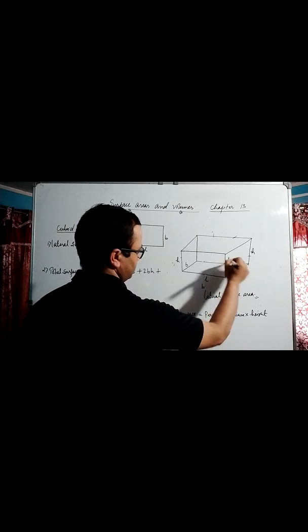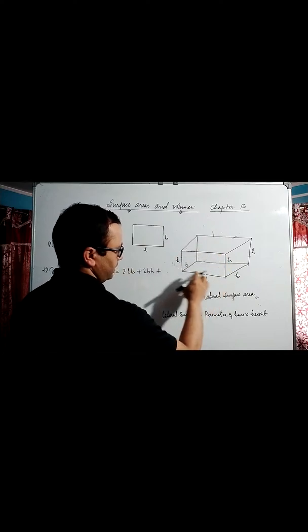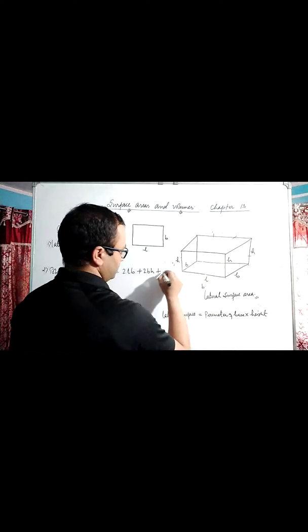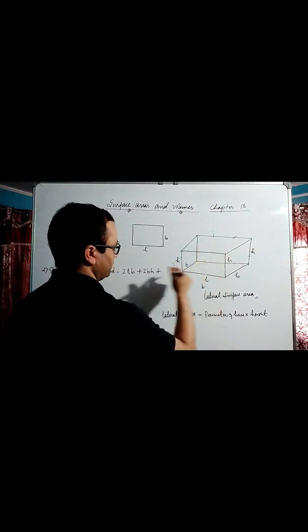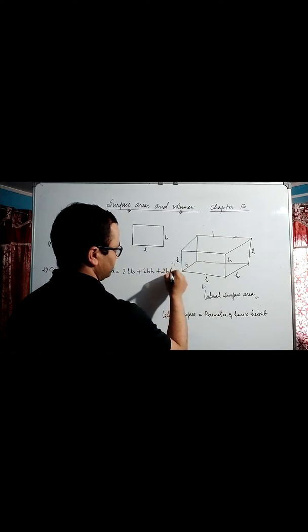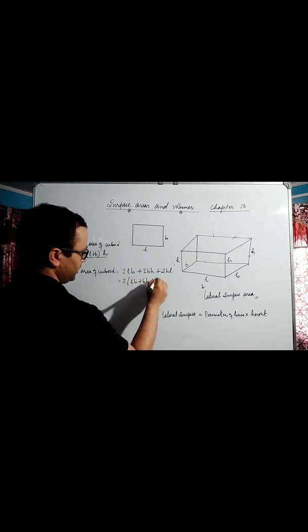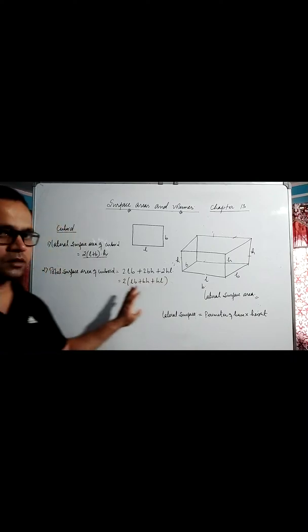H into L is the area of this face and the back face. There are 2 H into L, so 2HL. Now we can take 2 common: 2(LB plus BH plus HL). This is the formula of the total surface area of a cuboid.